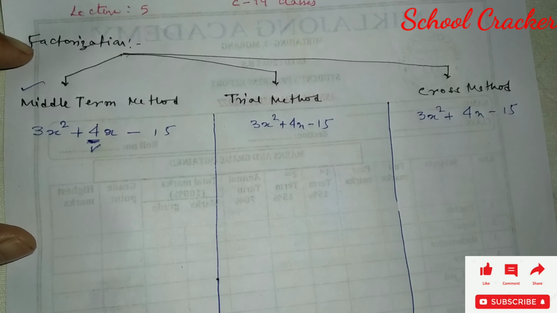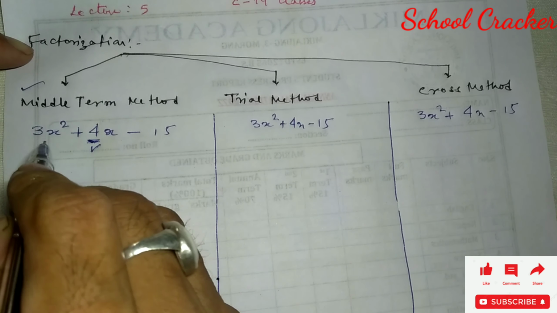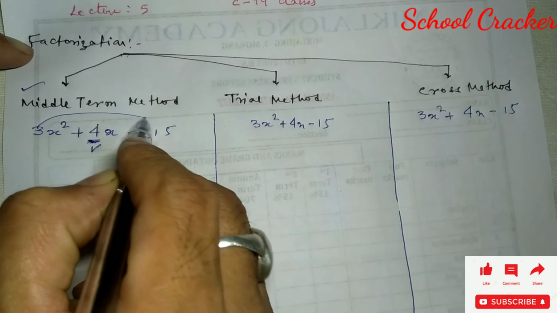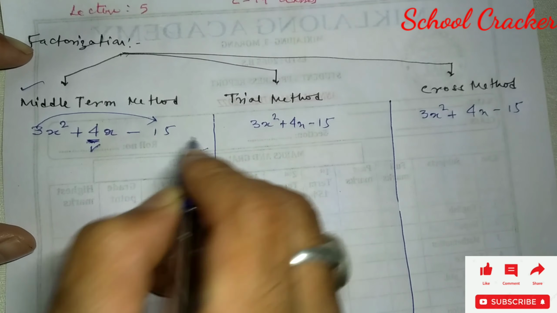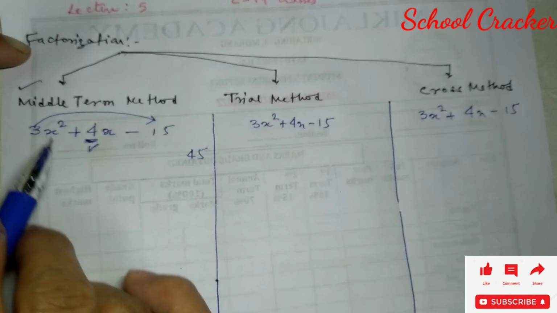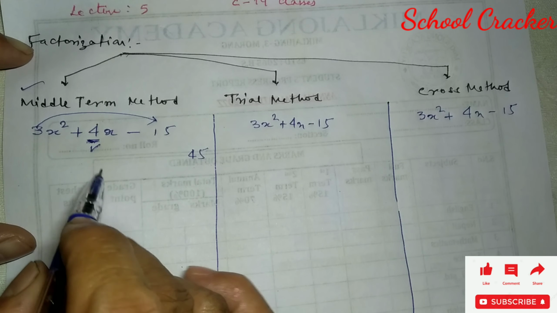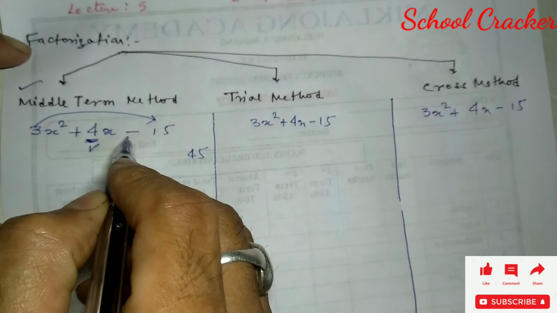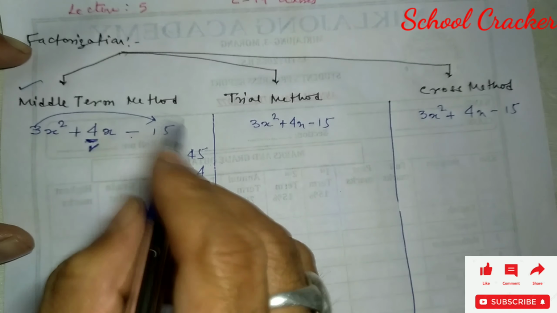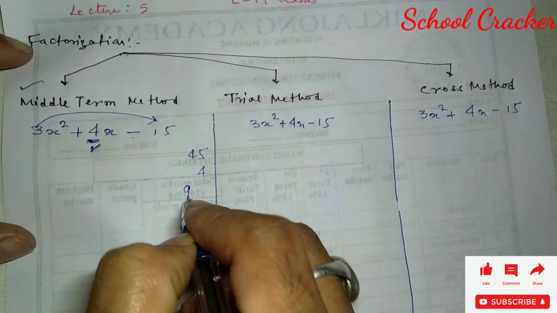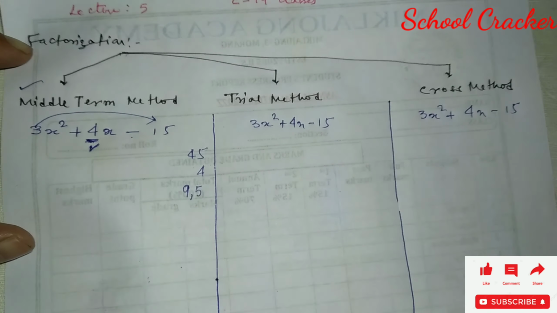We break this 4 into two numbers in such a way that when those two numbers are multiplied, the product will be 3 into 15, that is 45, and when those two numbers are subtracted from each other, the difference will be 4. So those two numbers are 9 and 5.